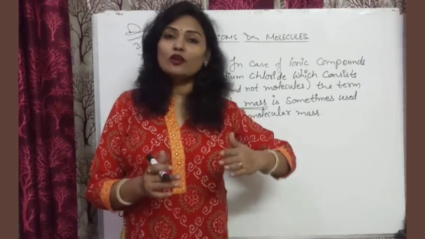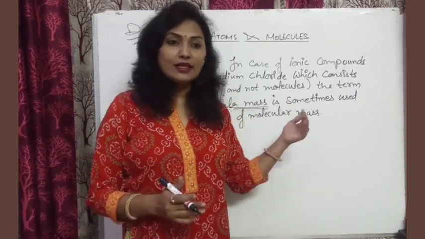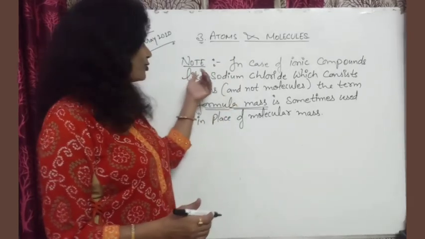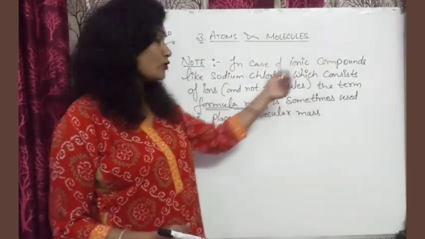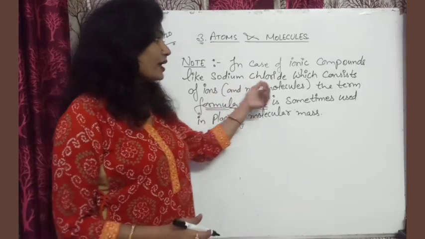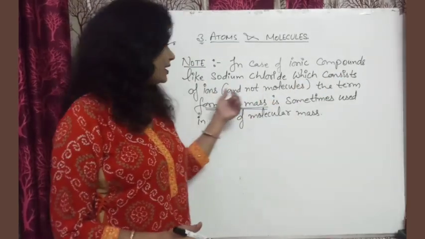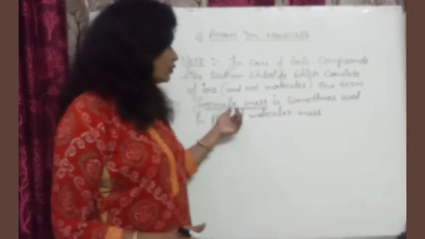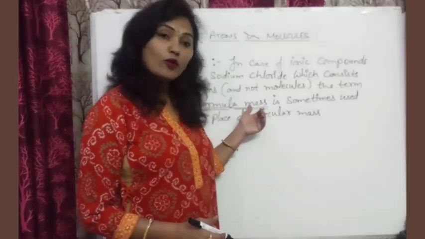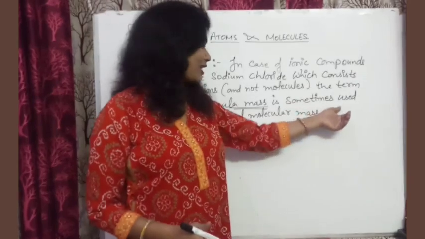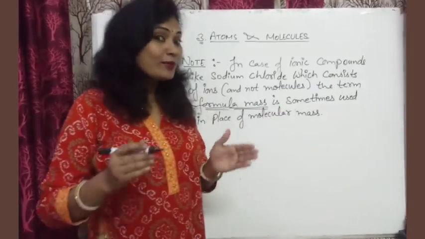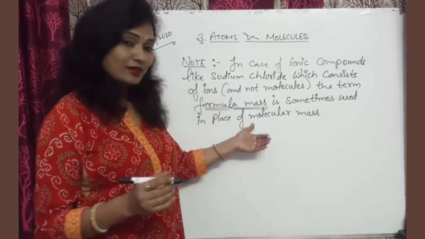In place of molecular mass, we use formula unit mass. So you should write this note: in the case of ionic compounds like sodium chloride, which consist of ions and not molecules, the term formula mass or formula unit mass is sometimes used in place of molecular mass. So please remember this note.